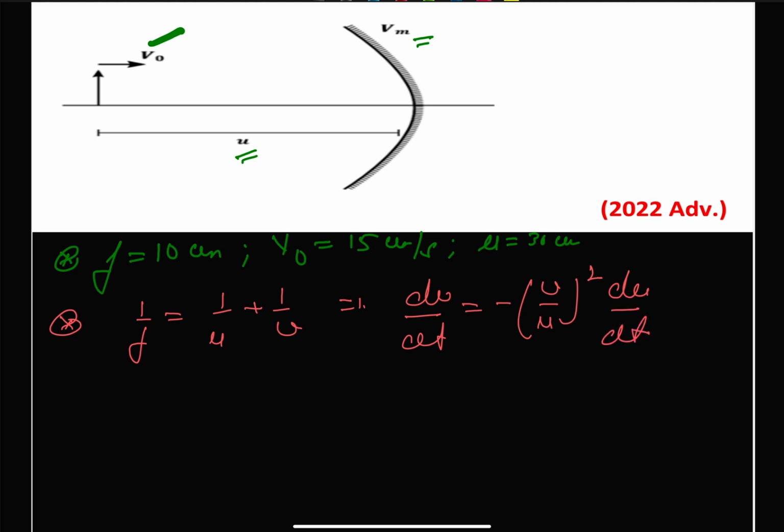And if we measure the velocity of the image as well as the object with respect to the lab frame, that will be much more convenient, because the velocities are given with respect to the laboratory frame.